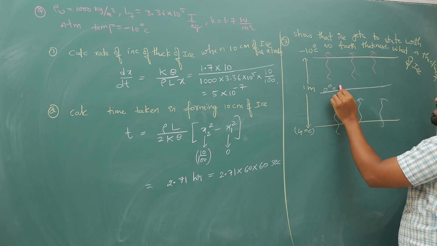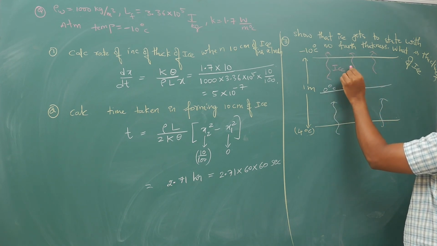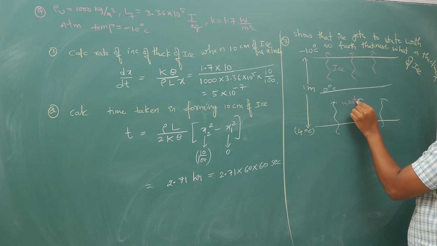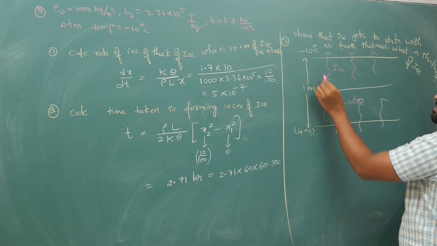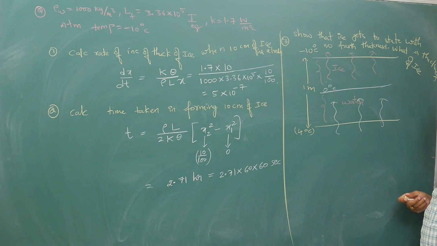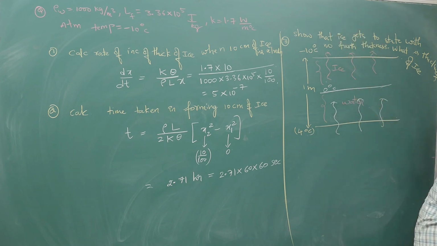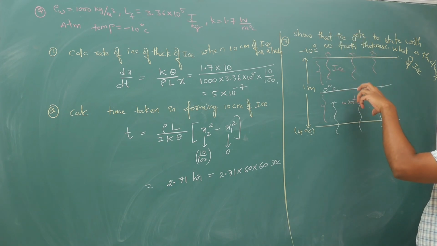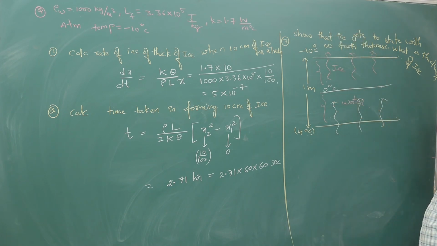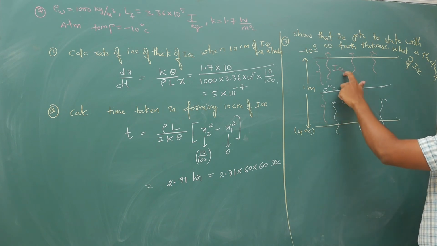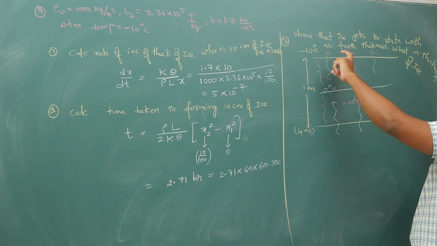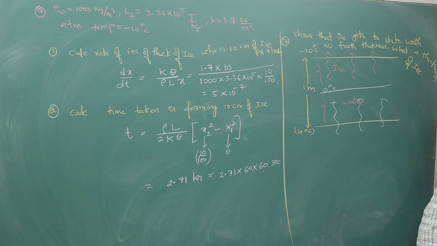From 0 to this part is completely ice, this part is water. From the bottom portion and topmost portion, how much input is entering, that much output is leaving, so there will be no further thickness of ice. When the surrounding is able to extract more heat from this part, there is increase in thickness of ice, but that is not the case here.